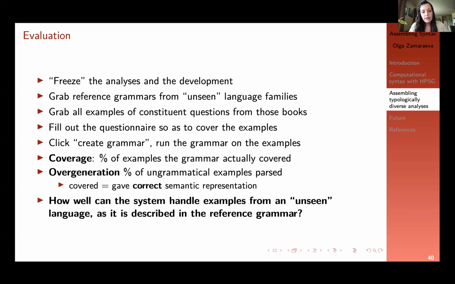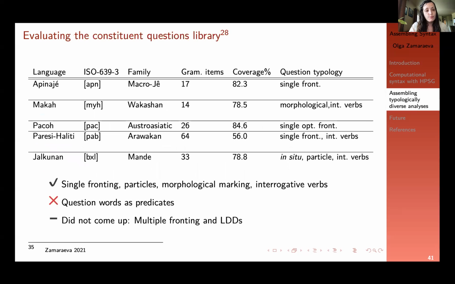So this is to answer this question: how well can my system, my updated system with new analyses, handle examples from an unseen language? And these are the results. I don't give you the overgeneration figure, but it exists. And you can see that I used several languages from several language families.